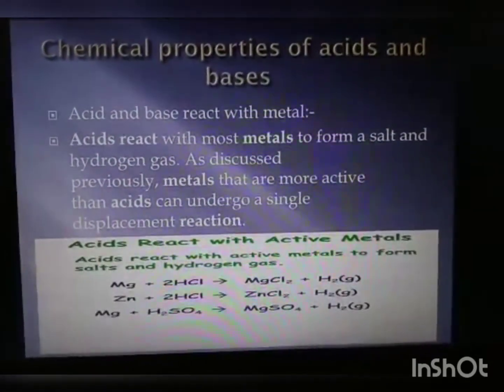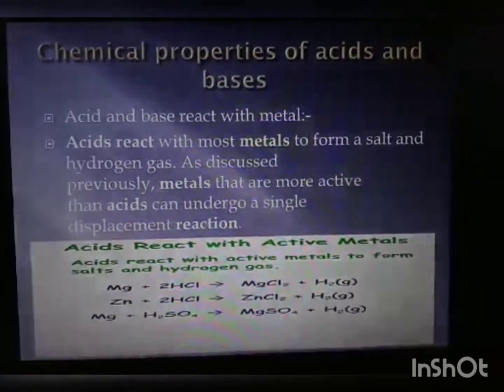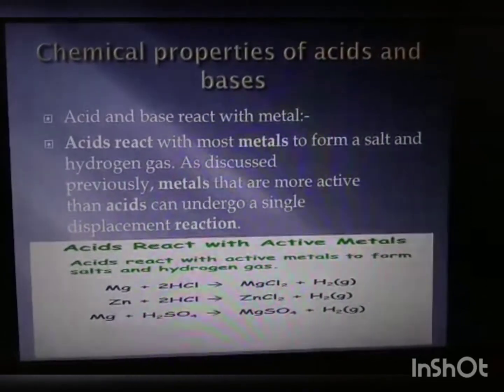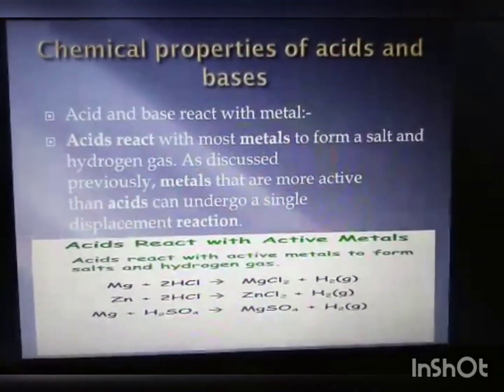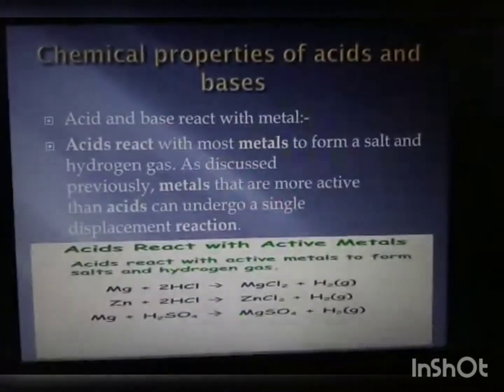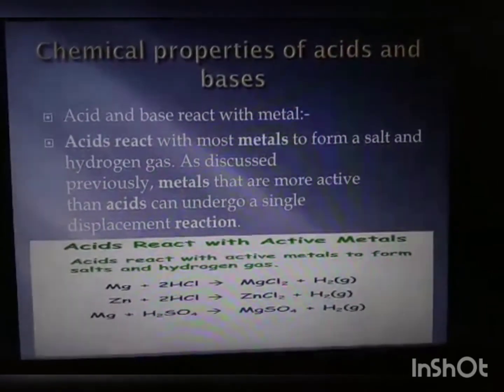It gives salt of that metal, it means zinc chloride. The formula of zinc chloride is ZnCl2 and the liberation of dihydrogen gas takes place. Next is again magnesium metal, but the reaction with another acid, that is sulfuric acid, H2SO4. It gives MgSO4 plus H2.